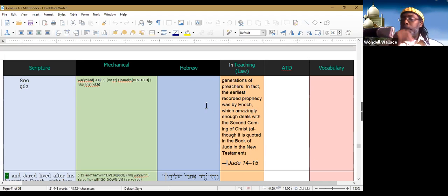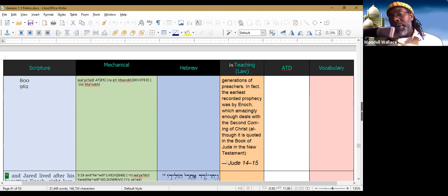Okay, so many of you may not be aware, so let me mention this here. In the book of Jude, verses 14 and 15, it mentions Chanok's prophecy. But you might be asking yourself, I don't see this anywhere. Where did Jude get this from?